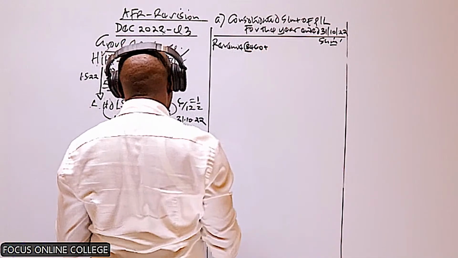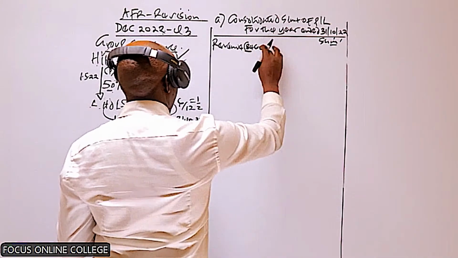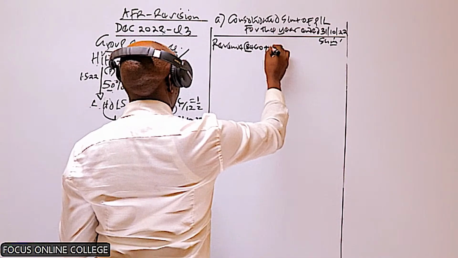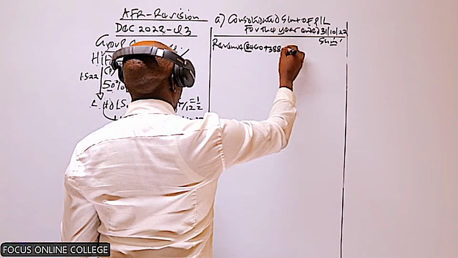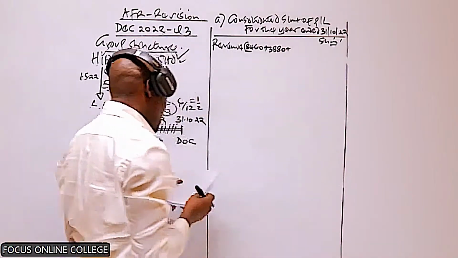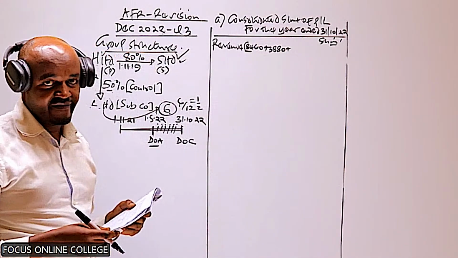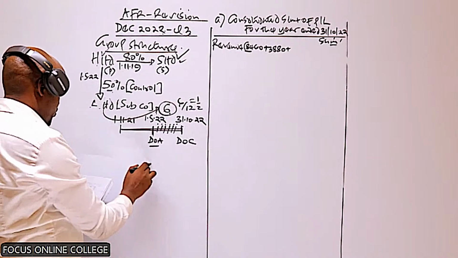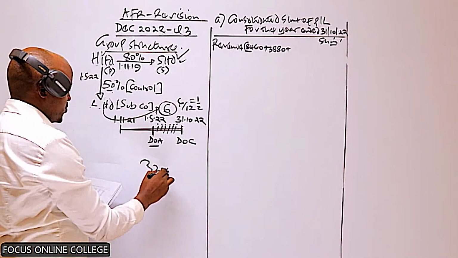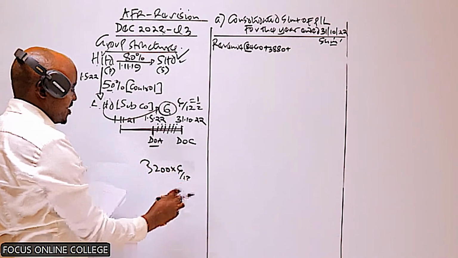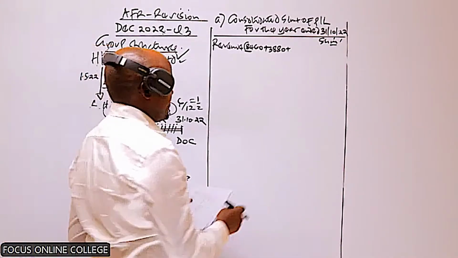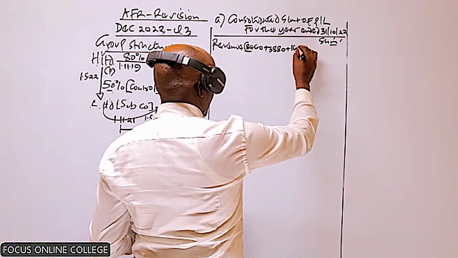Then for the other company, S, we take the whole year, that is 880. And for L, we take half: 32 times 6 over 12, which is the same as half, and that is 16.